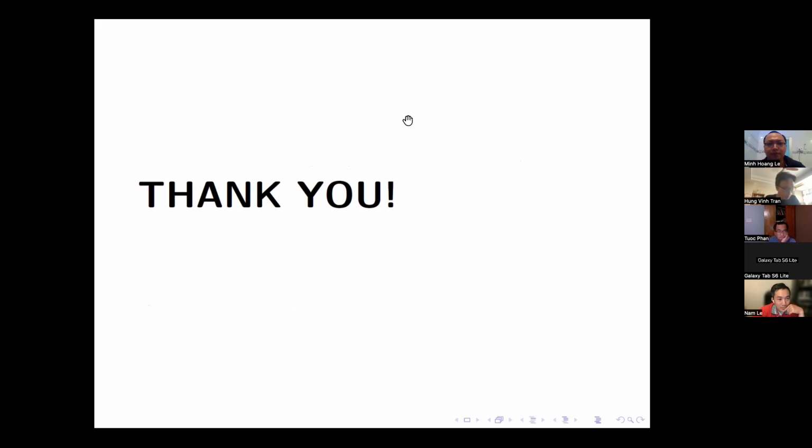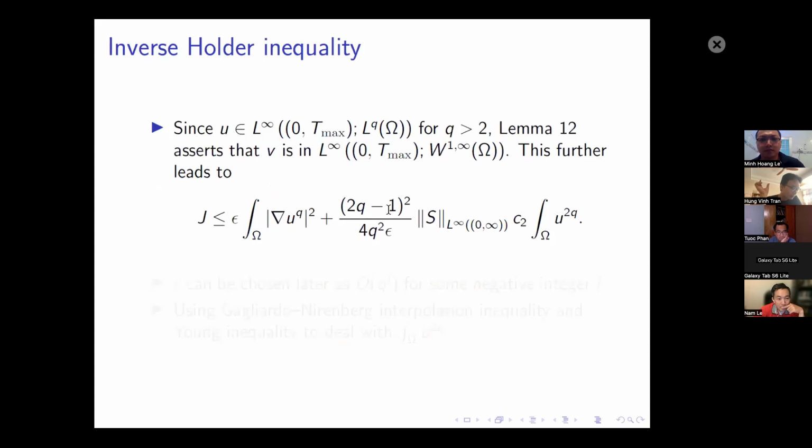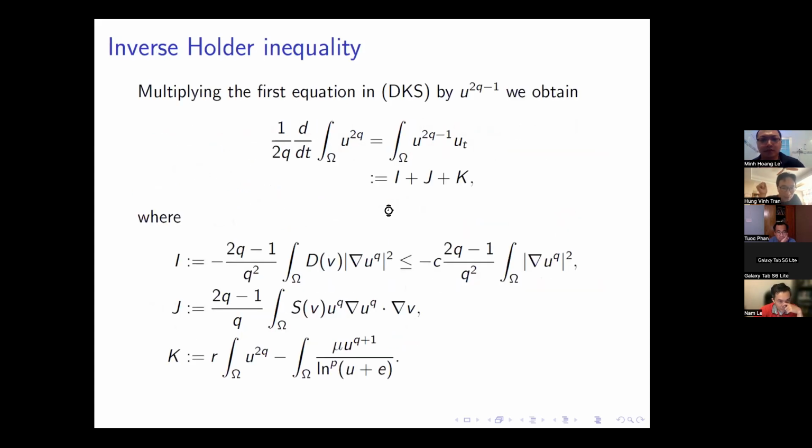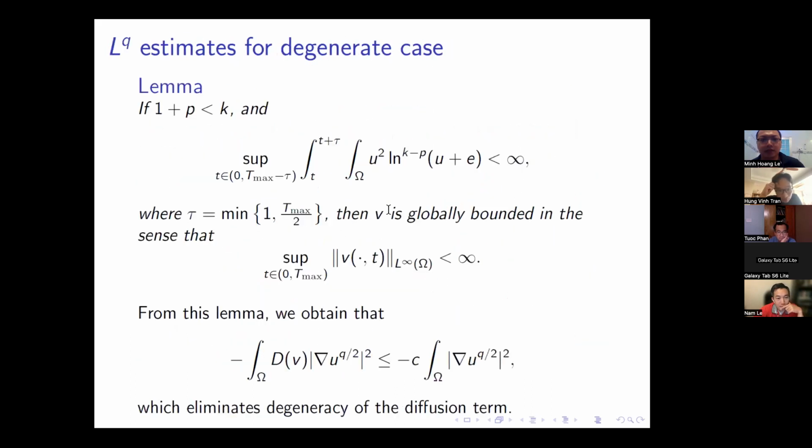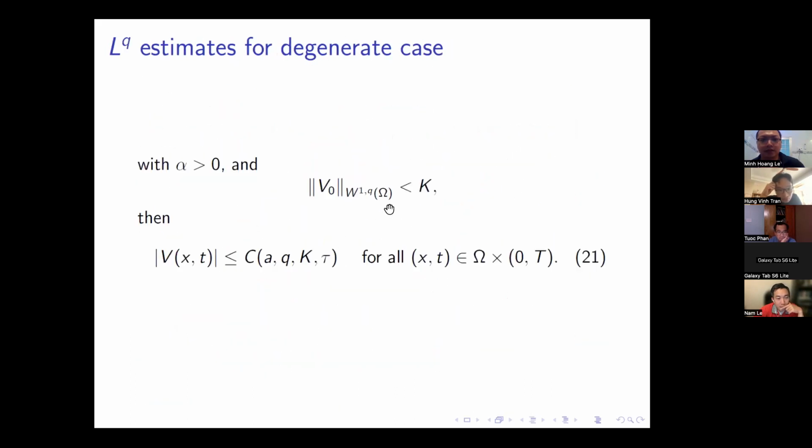Okay, while we are waiting, let me ask you. In the slides, you have something quite interesting about the boundedness of V. If we solve the parabolic equation, can you go back a couple of slides? A bit more.